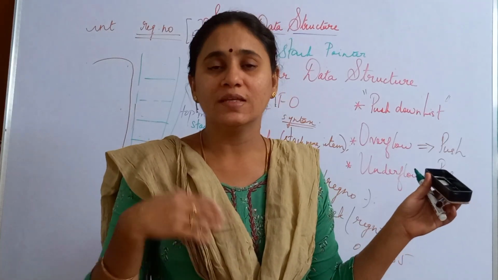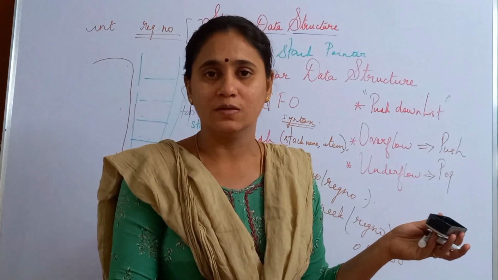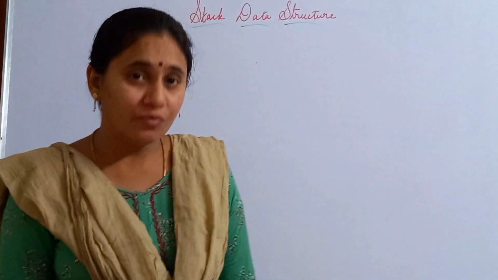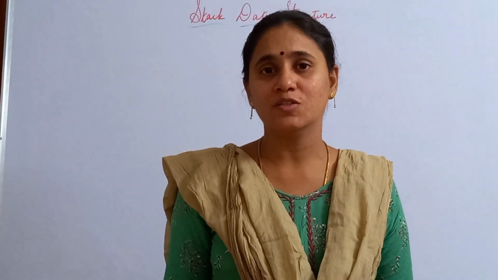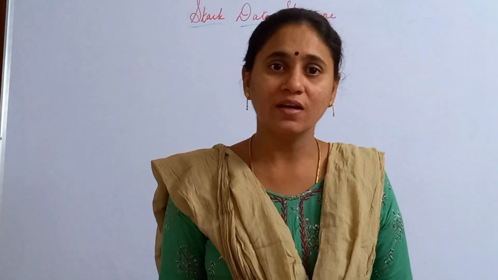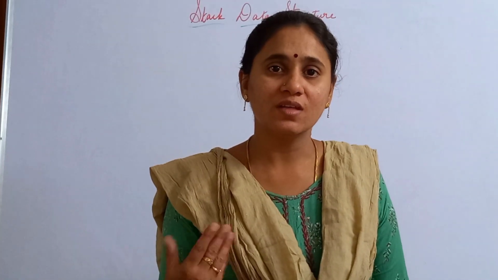In the next class we are going to discuss the algorithms. Today we have discussed the stack data structure and its various operations. In the next class, we are going to discuss its very important algorithms and some important questions that may arise in those topics.